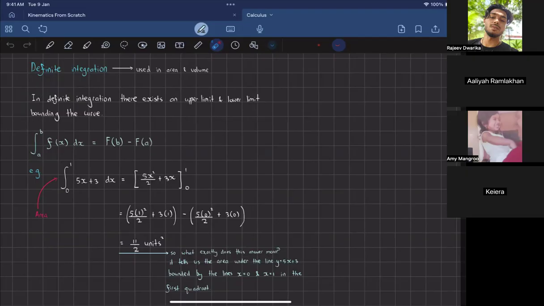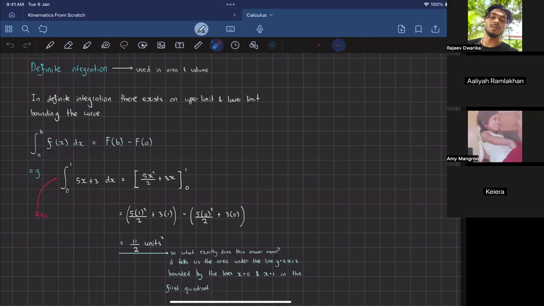Okay. Remember, if I differentiate velocity, what am I gonna get? Acceleration. Right, because a change in velocity with respect to time, that's acceleration.